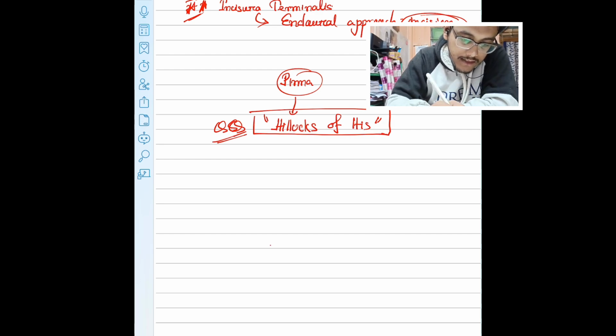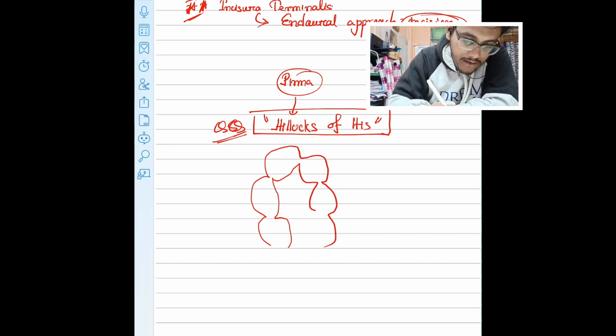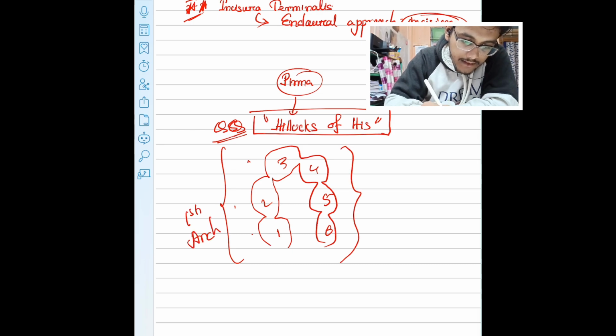There are six tubercles: 1, 2, 3 develop from the first arch, and 4, 5, 6 develop from the second arch.